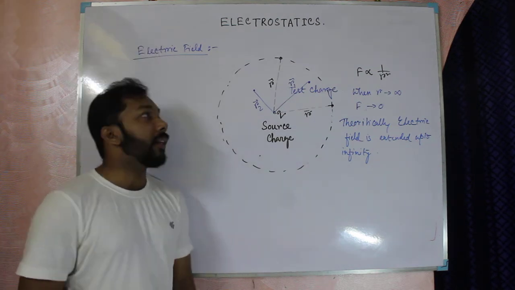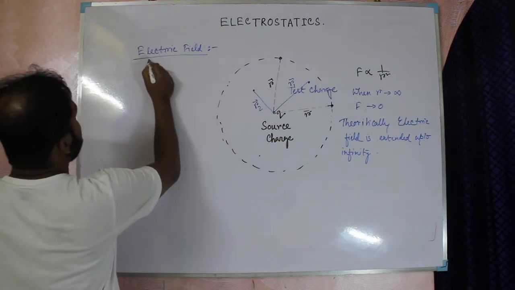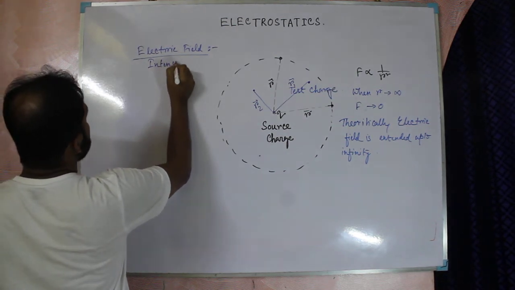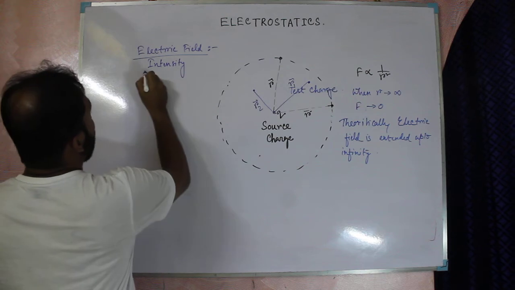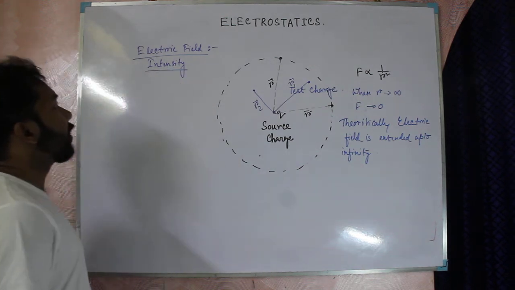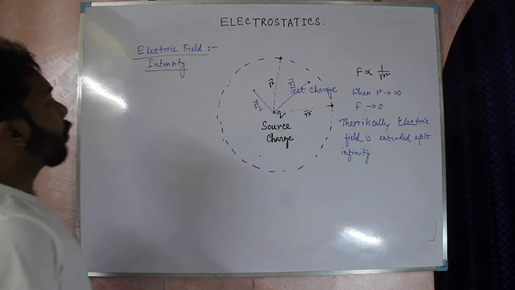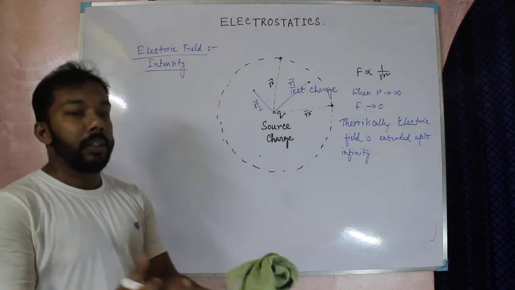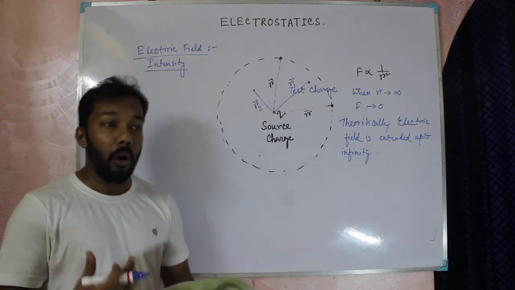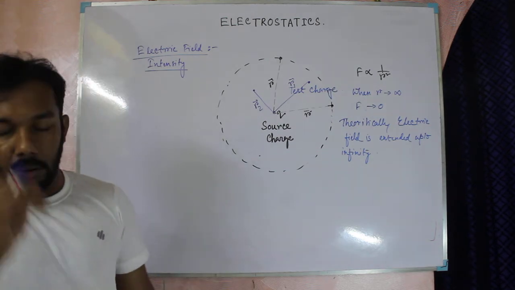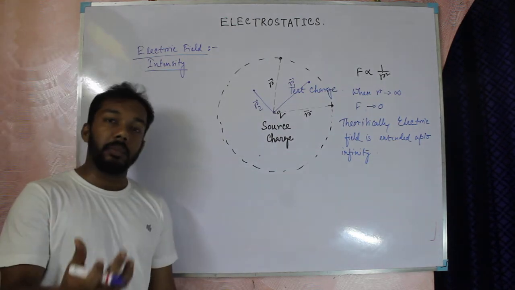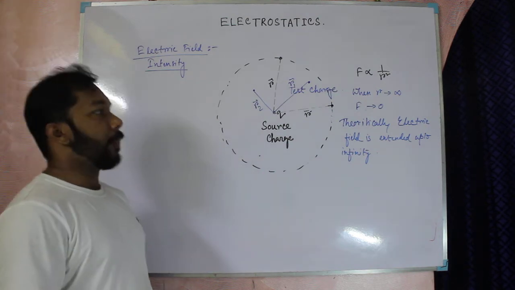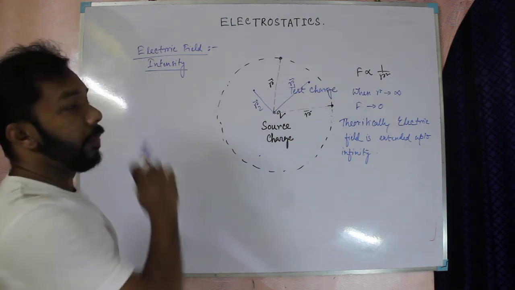Quantitatively it is called electric field intensity, or only field intensity. What do we mean by electric field intensity? Intensity means how forcefully the force is acting, how strong the force is on the test charge. What is the strength of the force at that position of the field experienced by the test charge? That is determined by the intensity.